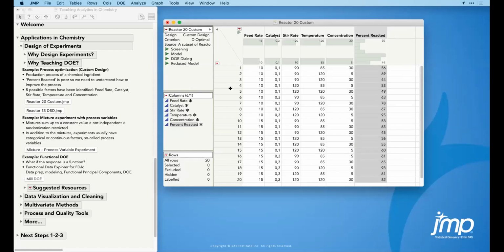Remember, this took us 20 runs, and we used the custom designer for this, allowing the highest flexibility you can find in the market, even for solving problems using DOE.